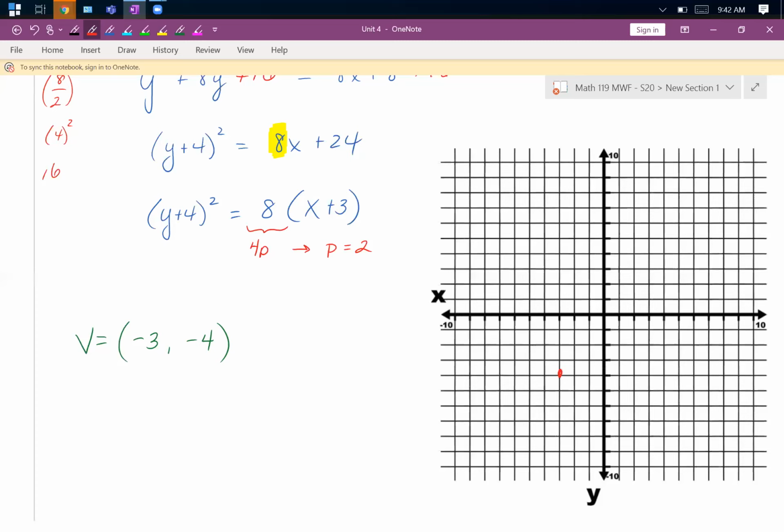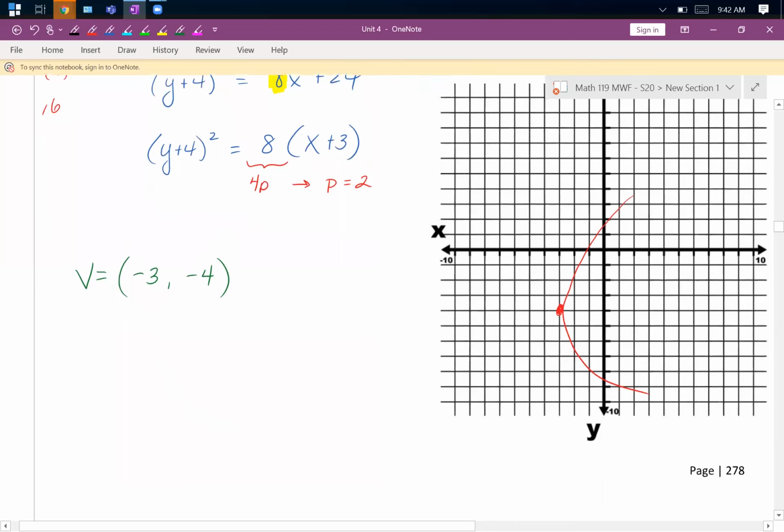Okay. Well, we've established that our parabola is going to be opening this way. Again, that's not a good drawing. I just like to give myself that guideline so I make sure that I get my directrix and my focus in the correct place. Remember that our directrix and our focus are each p units away from our vertex. The directrix is behind the parabola while the focus is inside the parabola.